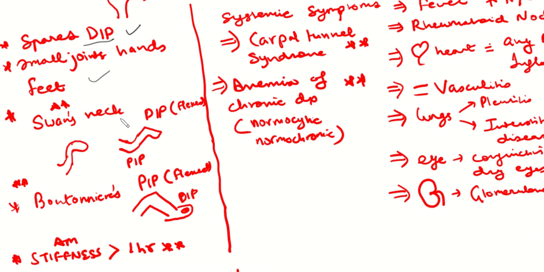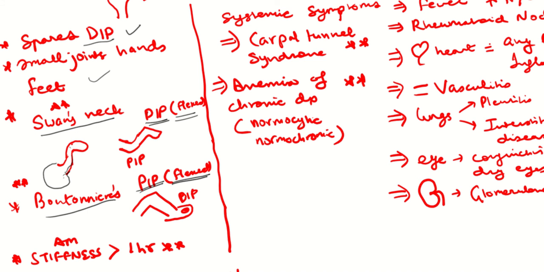Additionally, remember Heberden's and Bouchard's nodes. Here you have swan neck deformity and boutonniere's deformity. Swan neck would be the PIP is flexed. DIP, sorry, is flexed. And in boutonniere's, the PIP is actually flexed. So swan's neck actually looks like a swan's neck, the DIP being flexed.